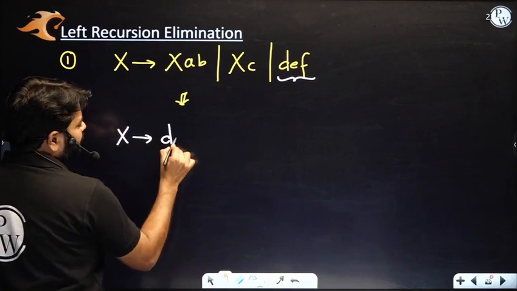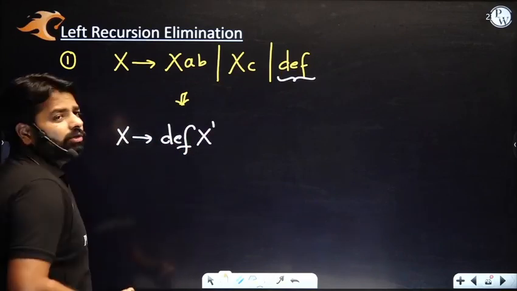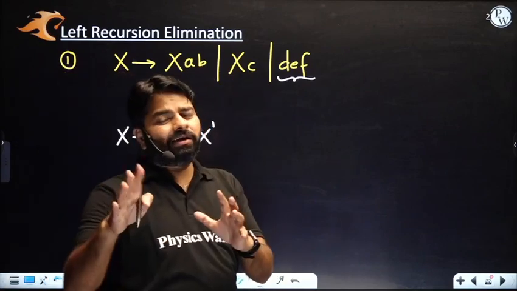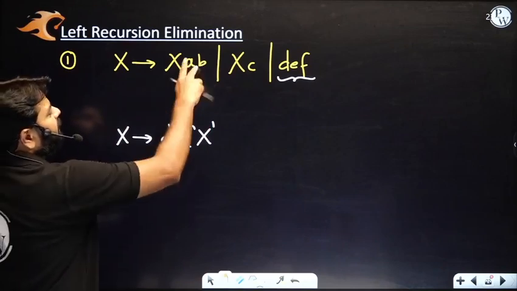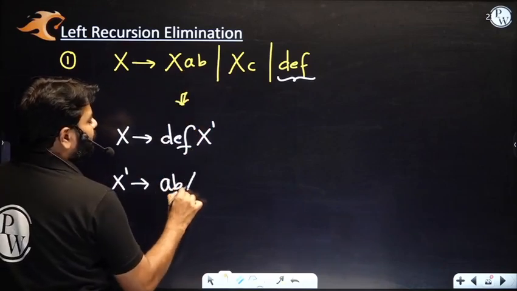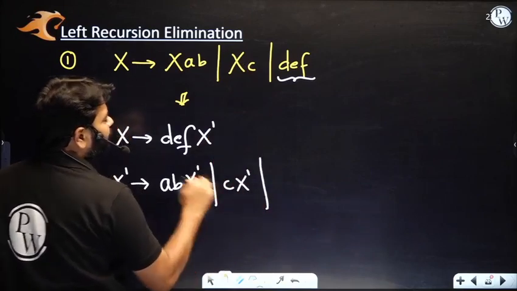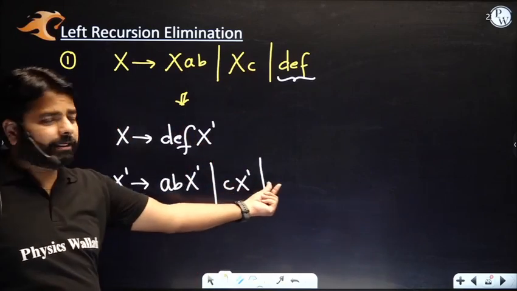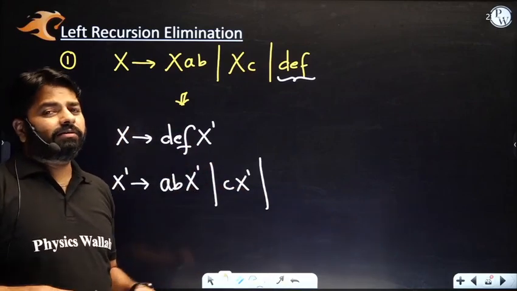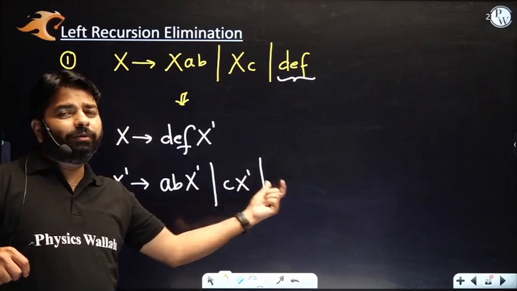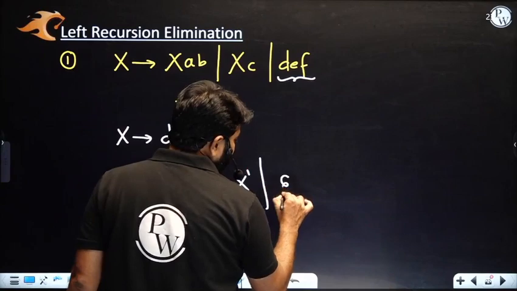So we'll write def first, and then you require some new non-terminal to repeat this ab and c recursively. So the X' is going to repeat that ab with the help of right recursion, or c with the help of right recursion. Whenever you want to stop, you need epsilon, because if you don't write this epsilon, you see that X' is there everywhere, and if you don't write anything here, it is impossible to derive any string. So it's very important: X' is null here.